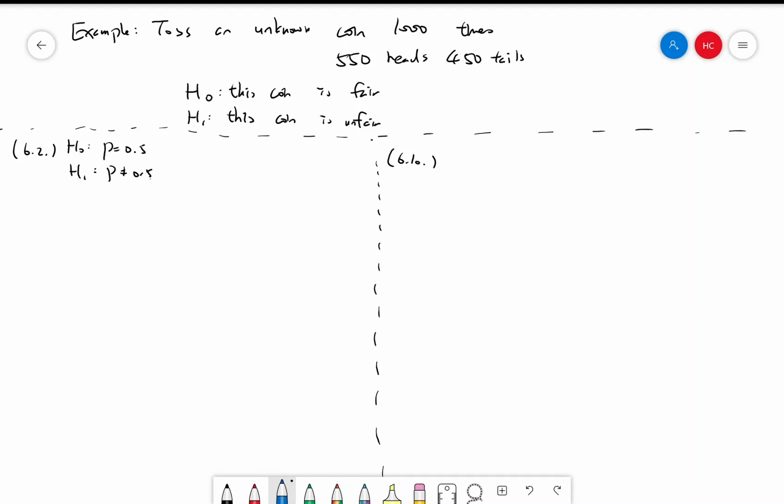And the null distribution is the normal distribution with mean 0.5 and variance 0.5 times 1 minus 0.5 over 1,000.